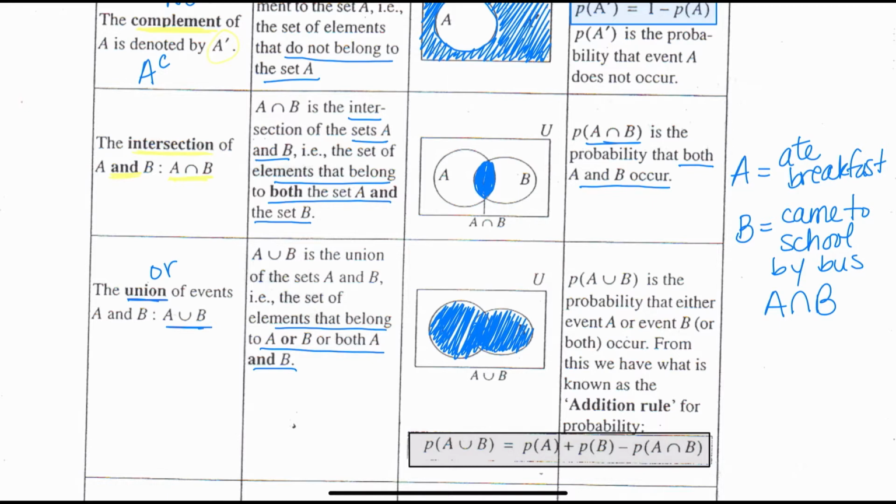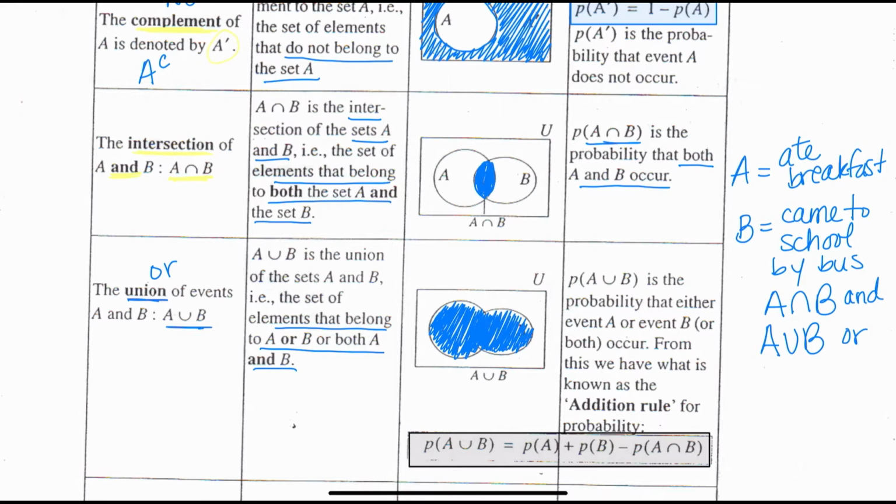But if we want to find the probability that a student ate breakfast or came to school by bus, then that is a union situation because it is or. So the student could have eaten breakfast, or they could have come to school by bus, or they could have eaten breakfast and come to school by bus. That's why for or, you shade everything in A, everything in B, including that intersection.